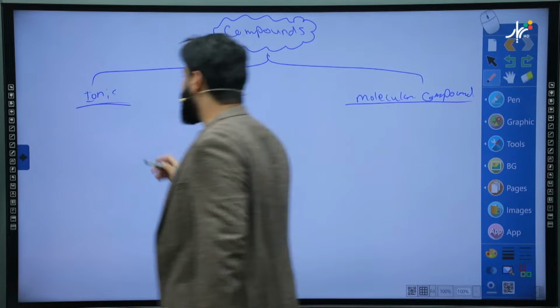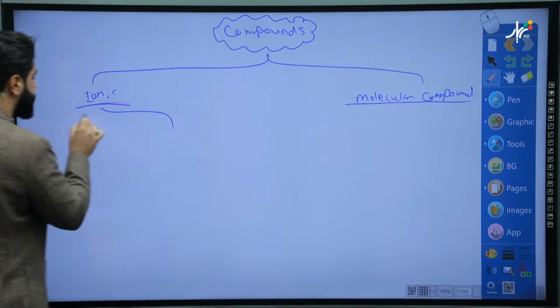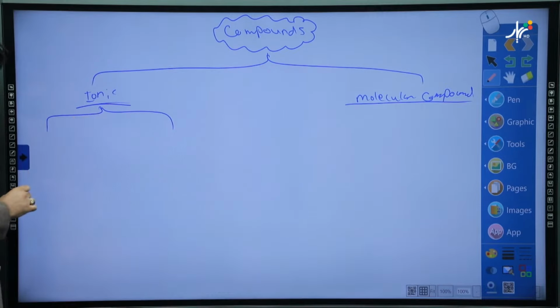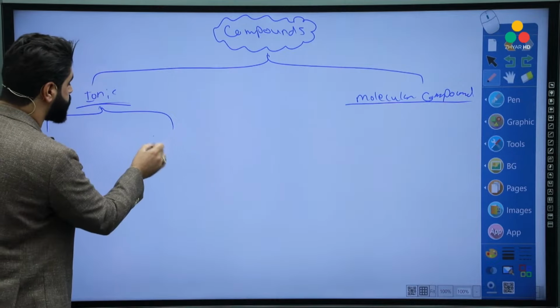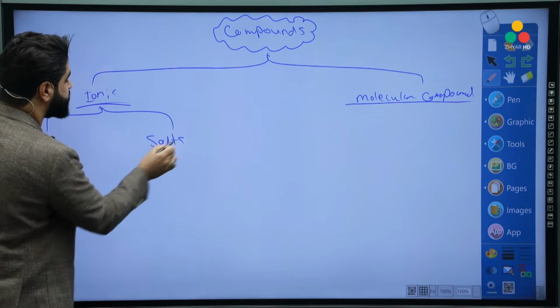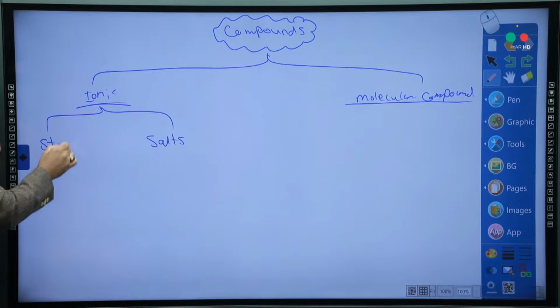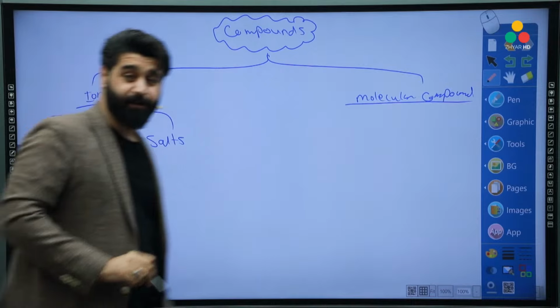For ionic compounds, we have further classifications, which are salts and strong bases.